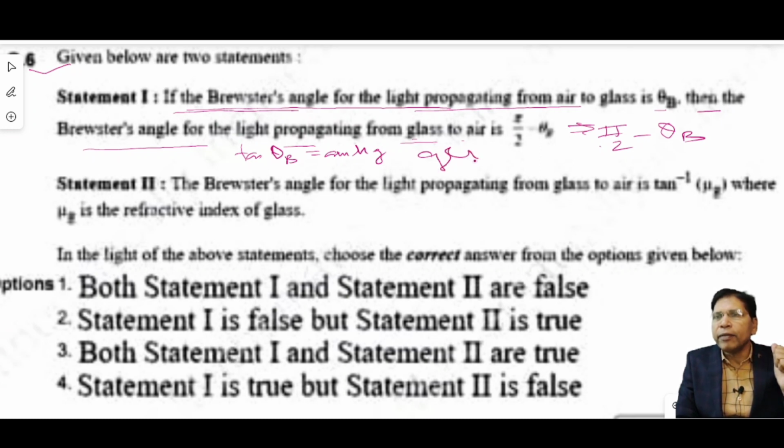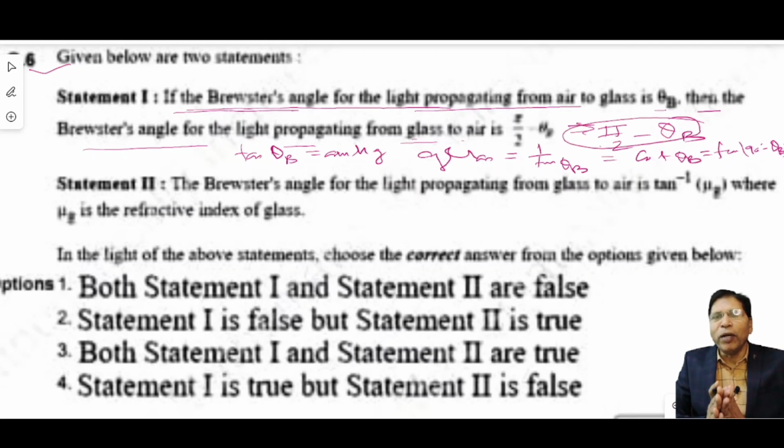Now glass mu air equals 1 by tan theta b, therefore this is cot theta b. Now cot theta b can be represented as tan of 90 degree minus theta b. So this statement is correct.